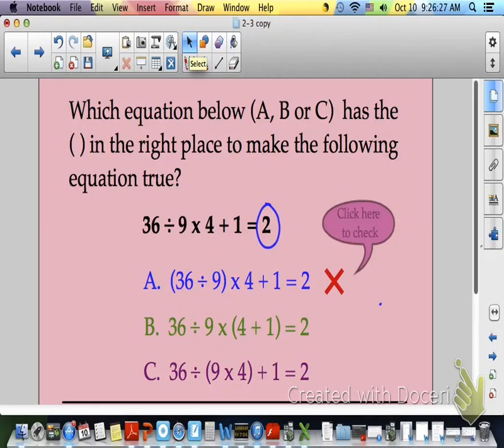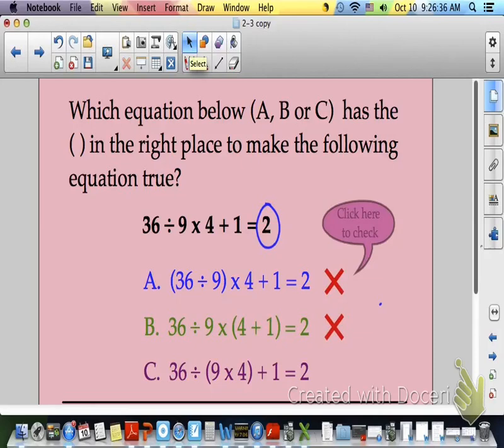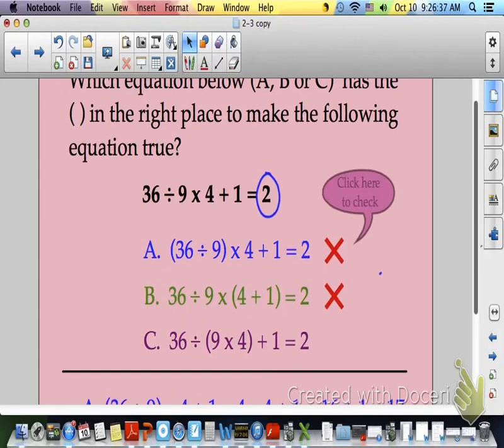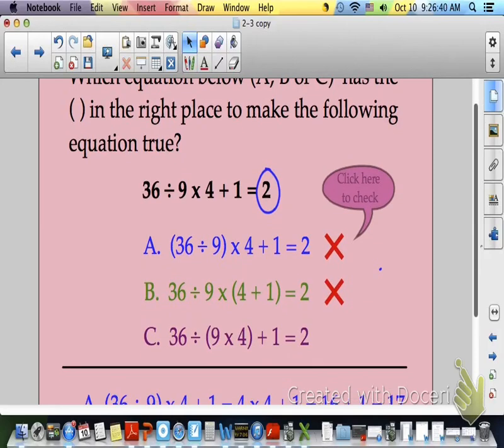So, 5 times 4 is 20, so that wouldn't work. Okay. And C, 9 times 4 is 36, and 36 divided by 36 is 1, plus 1 is 2. There we go. All right.